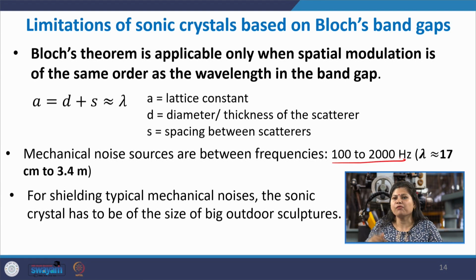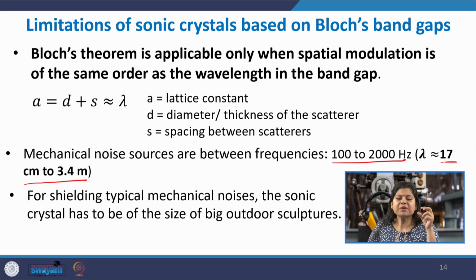We do not have very high frequency like 10,000 or 20,000 hertz. The majority of the content is within 2000 hertz. So, if you take the lambda corresponding to them, with 340 meters per second as the room temperature sound speed, then the lambda would be between 17 centimeters and 3.4 meters.